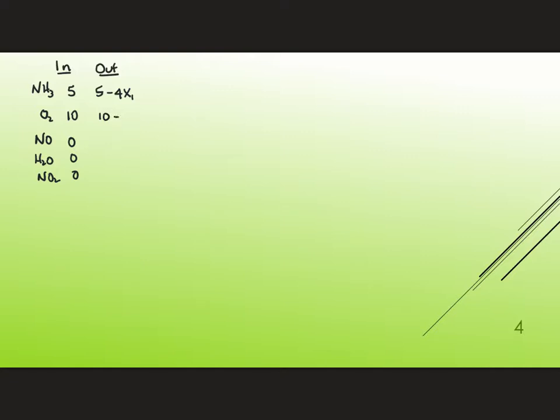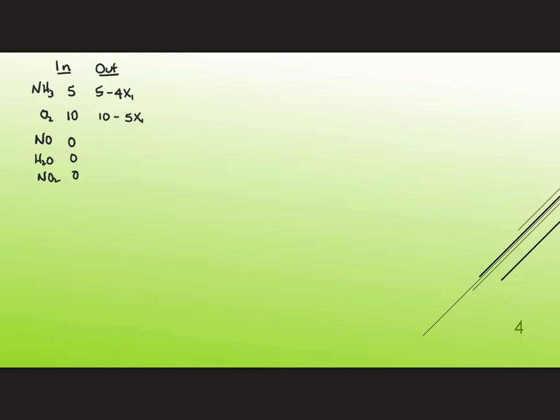The stoichiometric coefficient is 5. It's a reactant, so 10 minus 5x1. So the extent of reaction for the first reaction is going to use up 4 x1s of ammonia and 5 x1s of oxygen. Did not say that very clearly, sorry.